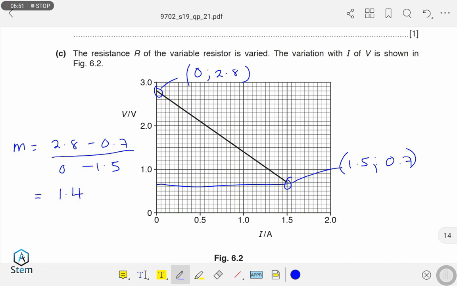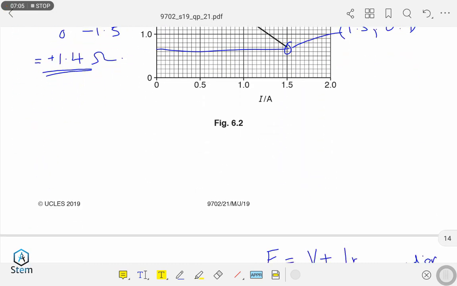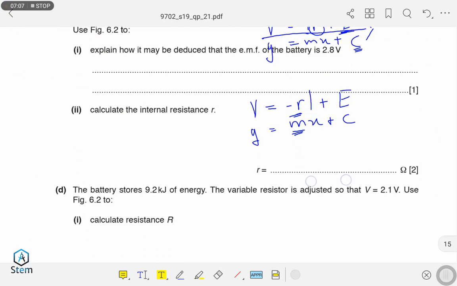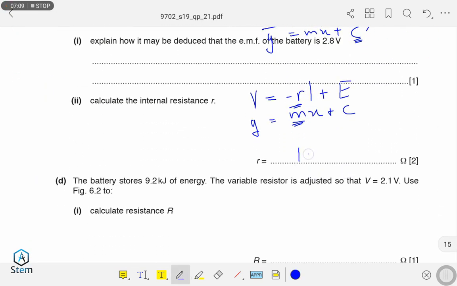You actually get that it is minus 1.4, but we know our resistance, we will take the modulus. So it is equal to 1.4 ohm. All right, so that is our internal resistance, 1.4.